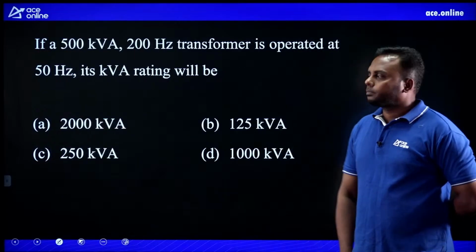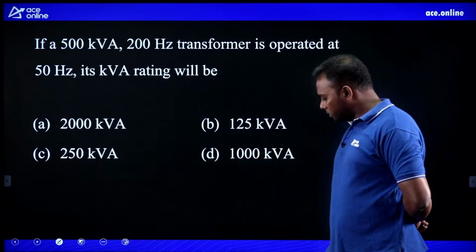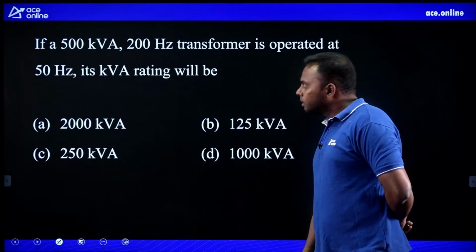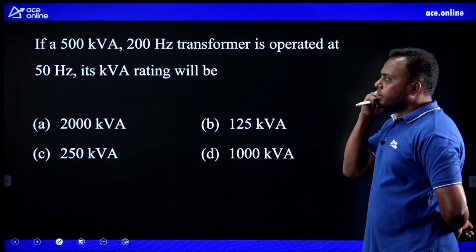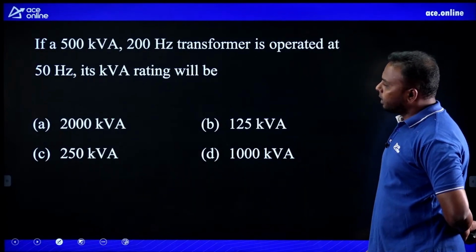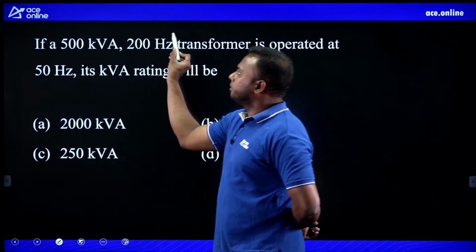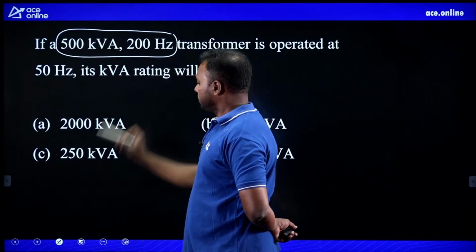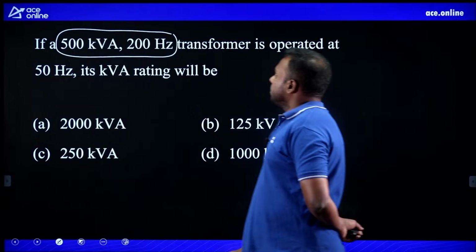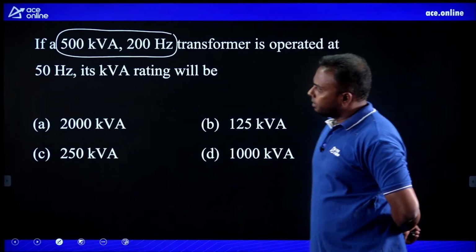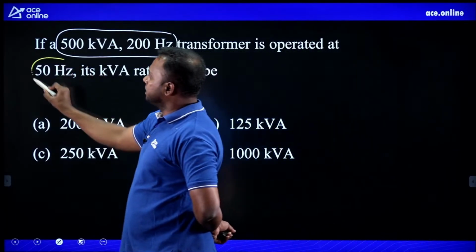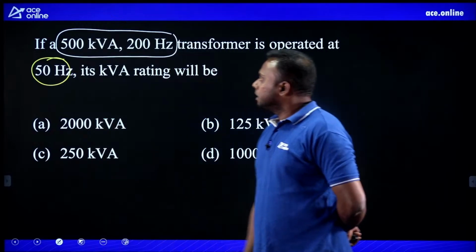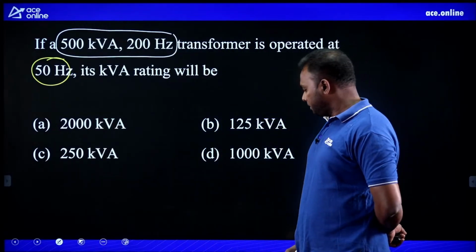Next question. See this question. If a 500 kVA, 200 hertz transformer is operated at 50 hertz, then the kVA rating will be dash.